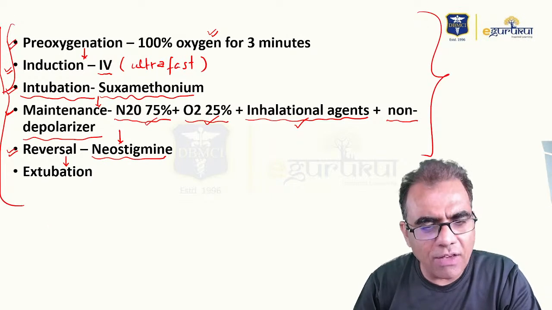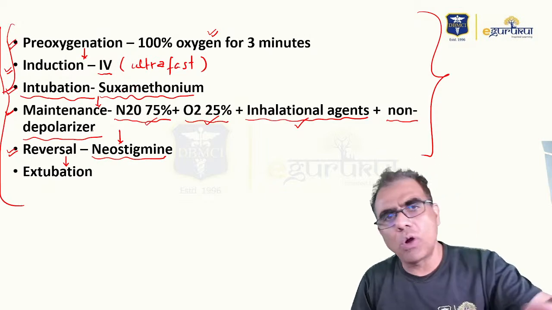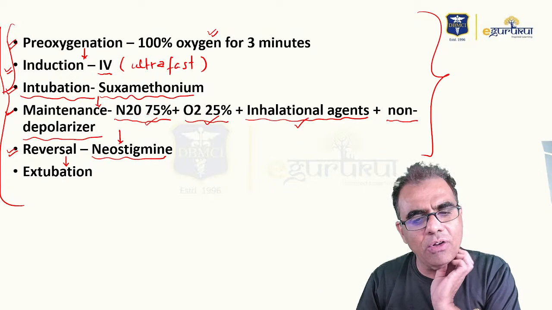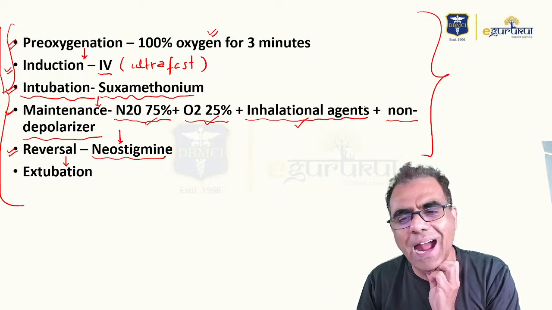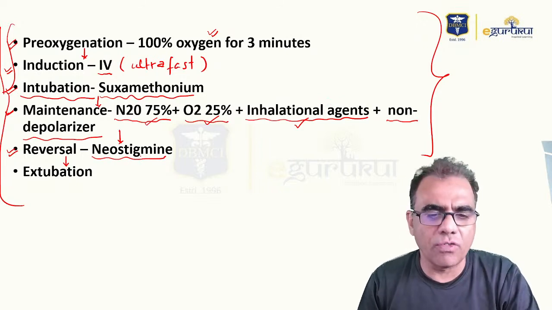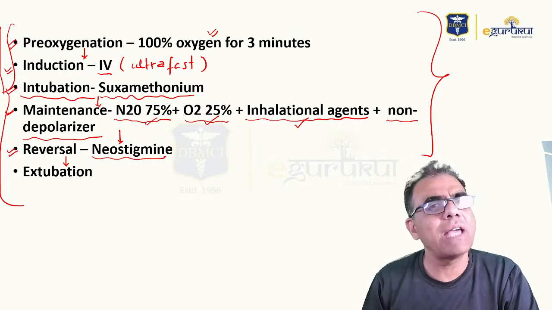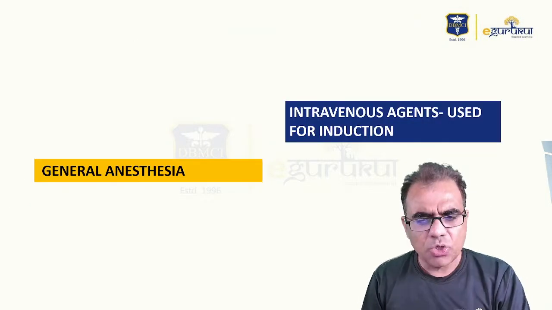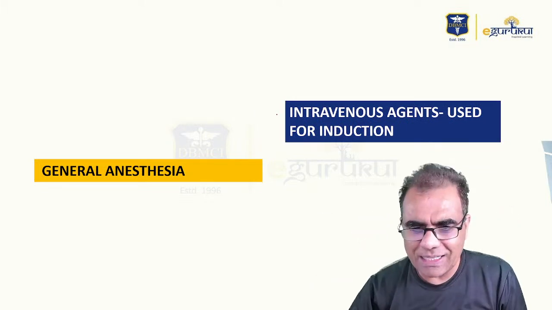So induction with IV agents, then intubation after giving a muscle relaxant, then throughout the surgery, anesthesia will be maintained on nitrous oxide 75%, oxygen 25%, a volatile agent and a non-depolarizer muscle relaxant. Then at the end of surgery, we reverse the effect of the non-depolarizer by giving neostigmine, and then the patient is extubated. So in the same sequence, now we are going to discuss these agents.